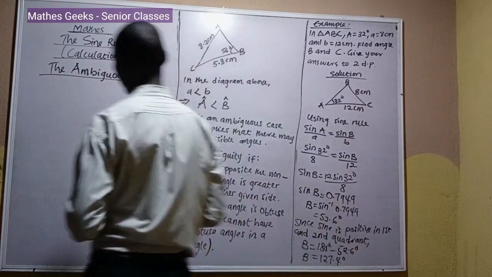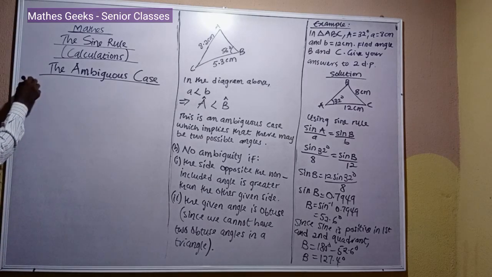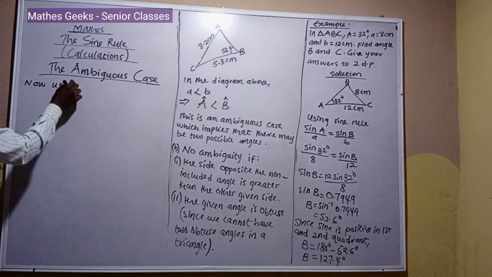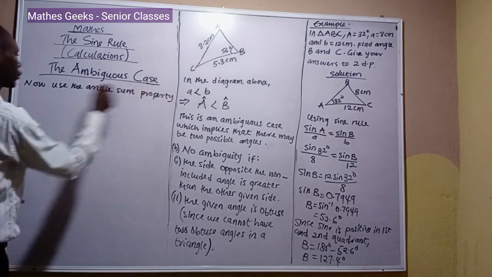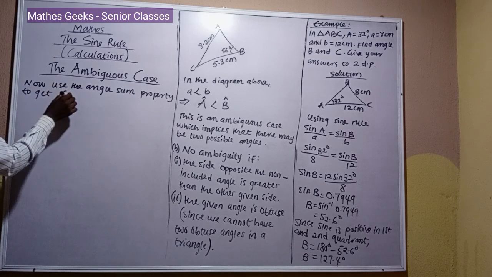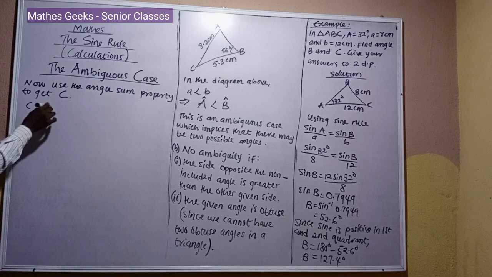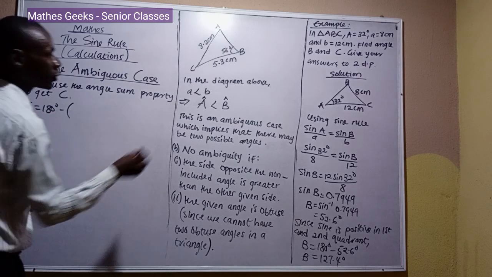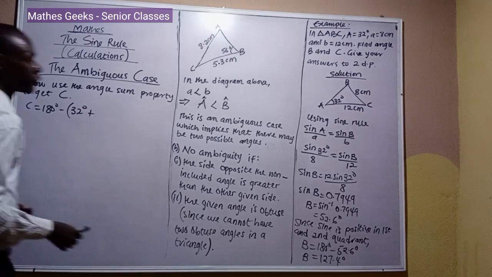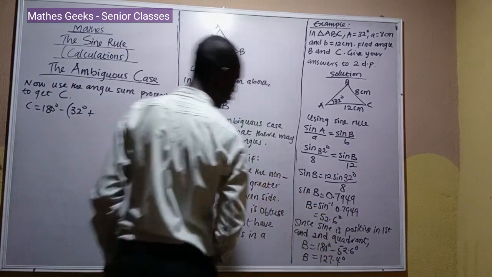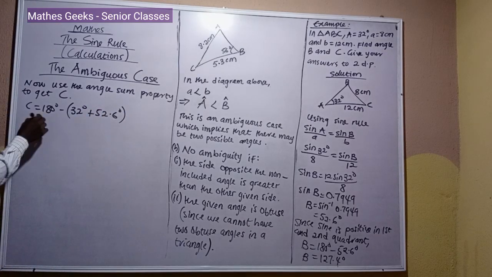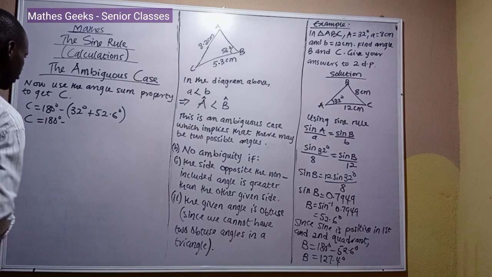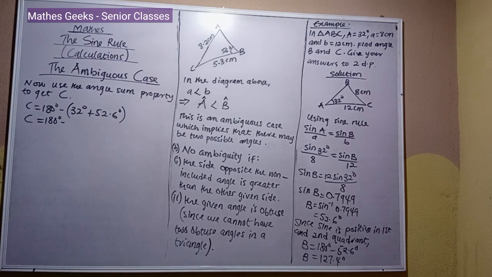To get the third angle, we simply have to use the angle sum property to get angle C. So C is equal to 180 degrees minus 32, which is angle A, plus the acute angle B, 52.6 degrees. So C is equal to 180 degrees minus 32.